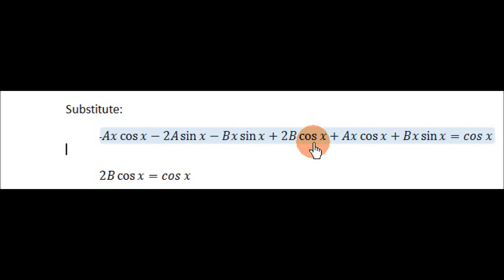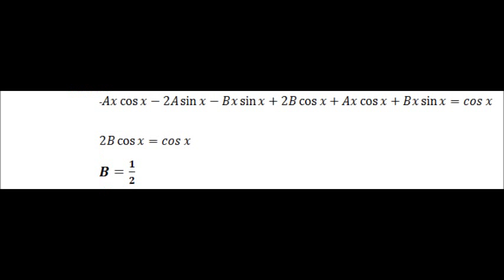So not this one. So we can cancel this out, we can cancel this out. So what remains is the 2b cosine x equals cosine of x. Then our b would now be equal to 1/2. And substituting it, y1 equals 1/2 x sine x.